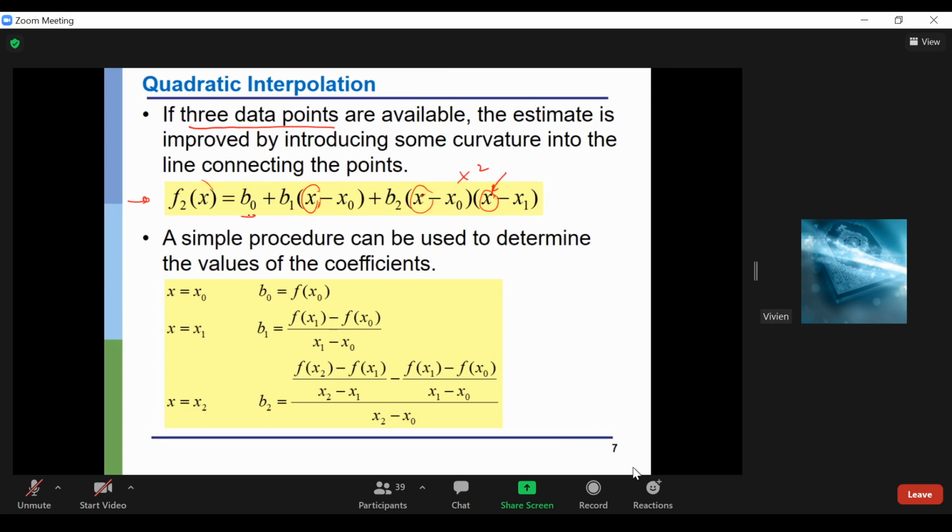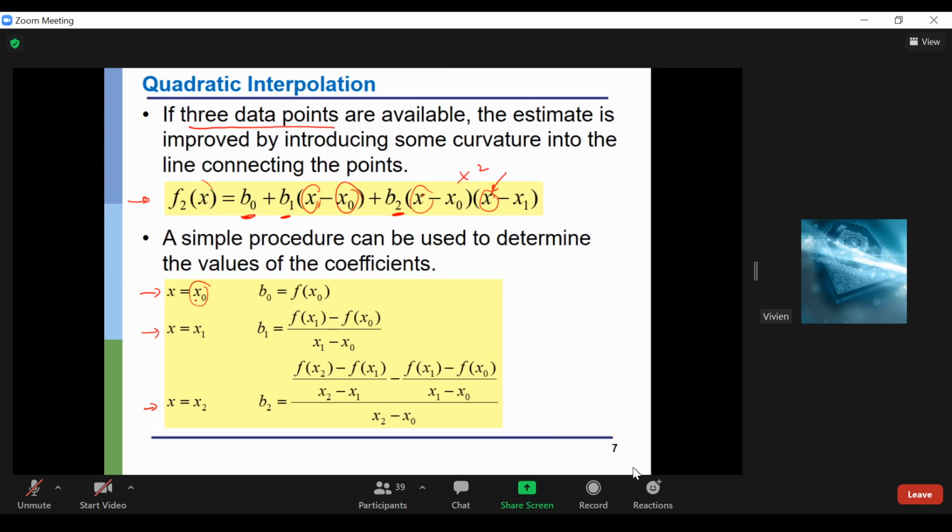So how do we find the coefficients p0, p1, and p2? We have 3 boundary conditions. At x0, the first data point, the value of the function is f(x0).